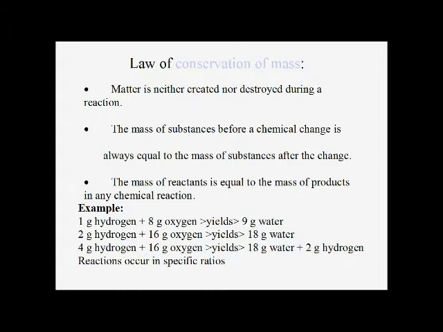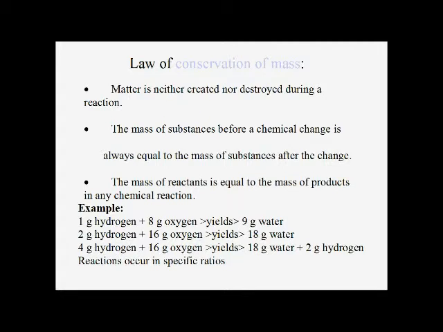But if we do a full accounting of what happens, we see that it consumes oxygen from the air and produces both carbon dioxide and water. And when we account for all those, the mass does not change during the chemical reaction. And the examples on the bottom also show that during our chemical reactions, they react in specific ratios. That ratio can be multiplied to larger numbers, but it can't be shifted.